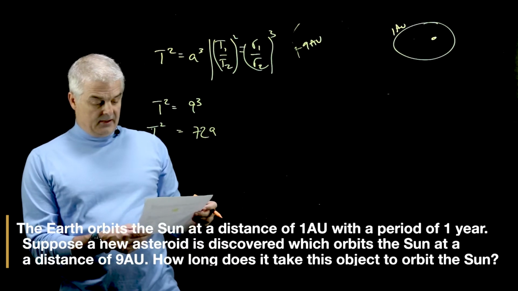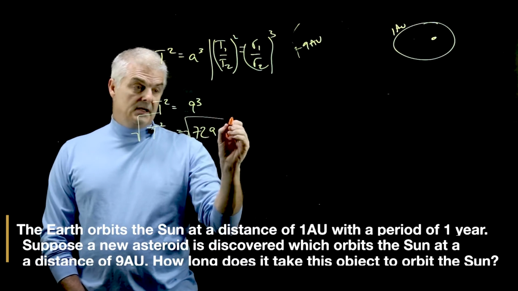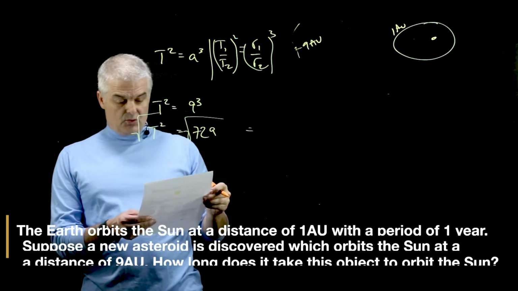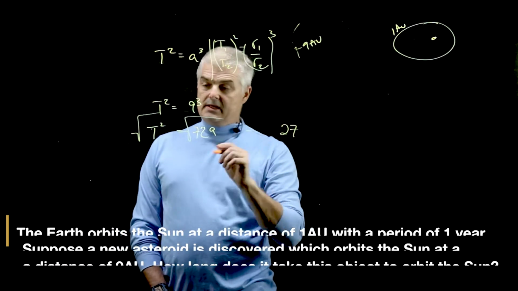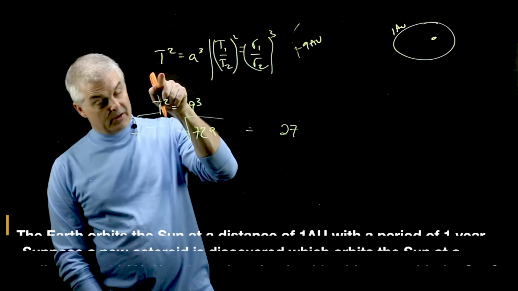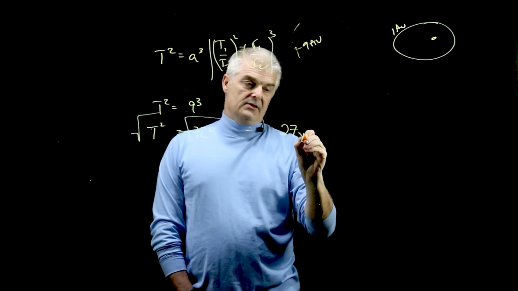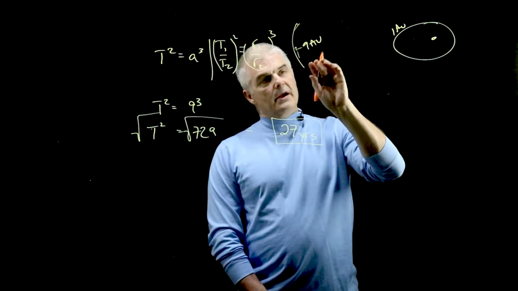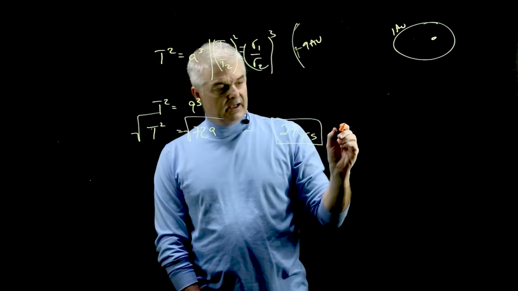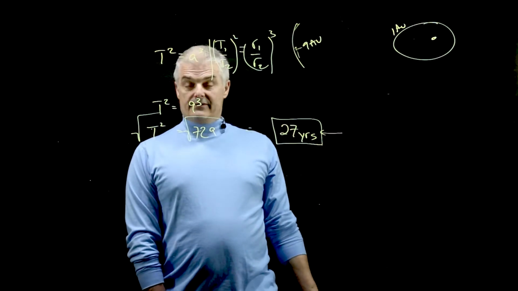And so we take the square root of both sides, and the square root of 729 is 27. And so if we're assuming that the period of the Earth is 1 year, this is 27 years. So something that's 9 astronomical units away from the Sun is going to take 27 years to make its circumnavigation.